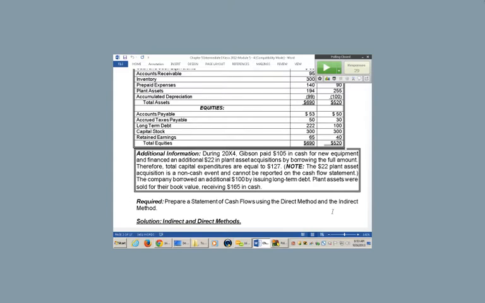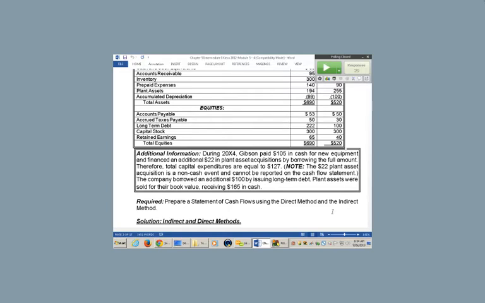Now, how much debt did you incur this year? $100,000 in cash, but what else do I know? I also borrowed $22 on the asset acquisition.